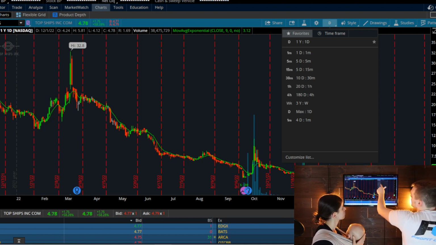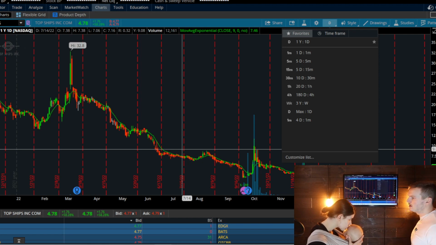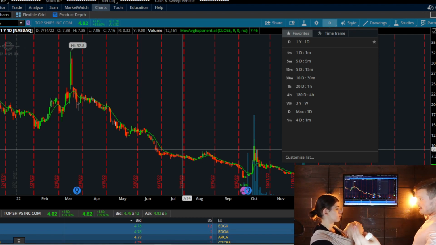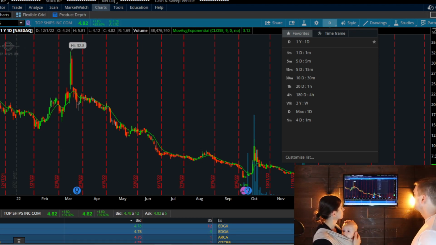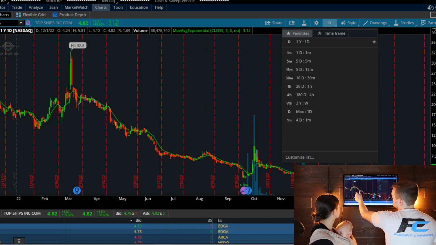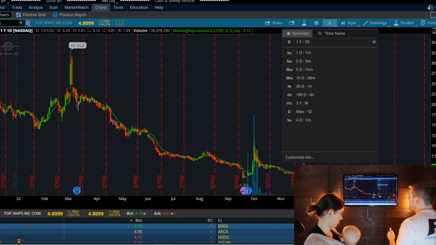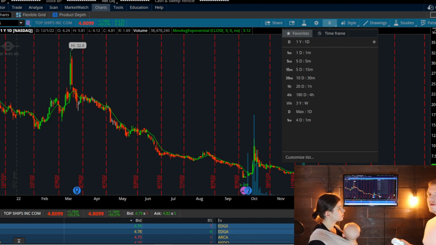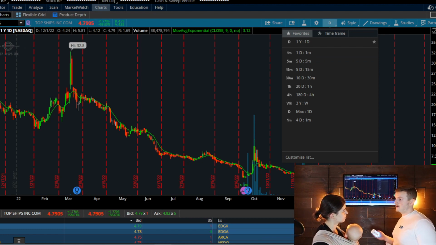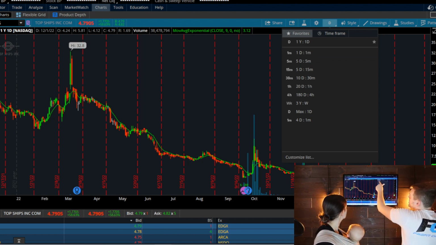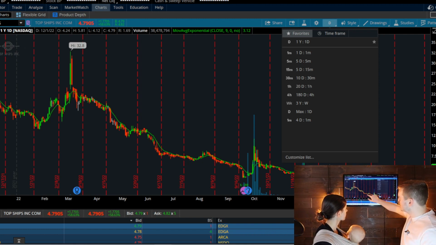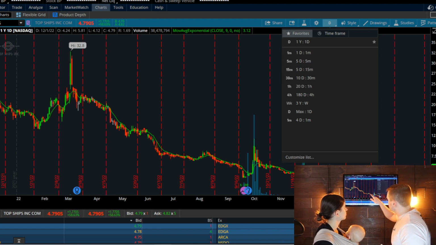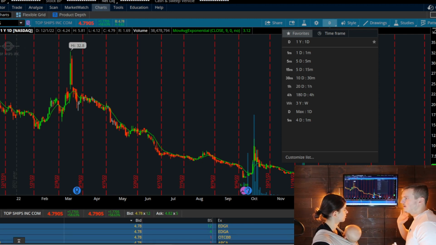If I'm looking at the 1 year chart, I'm going to see 1 year of data, 12 months of data. All these red lines are gaps or months. Now the second number is how big is the candlestick. If I'm looking at the 1 year, 1 day chart, how much data per candlestick am I getting? What does each candlestick mean? 1 day. 1 day, exactly.